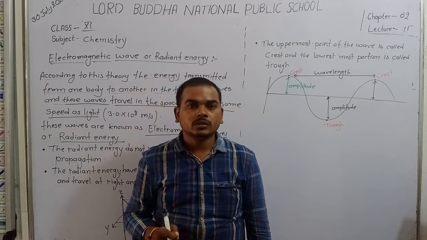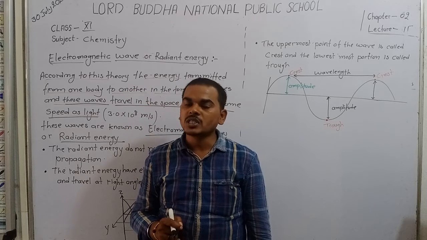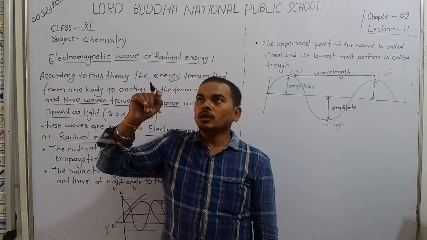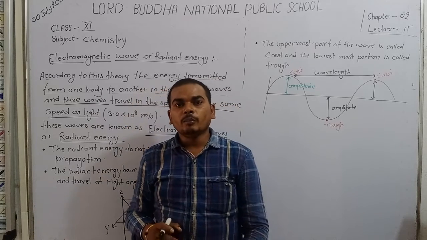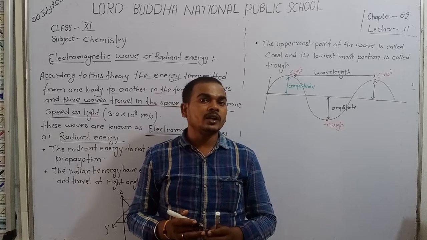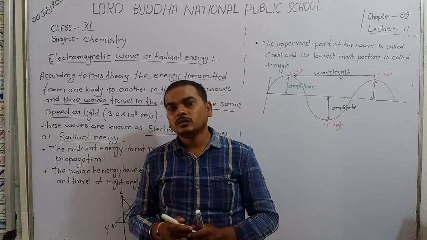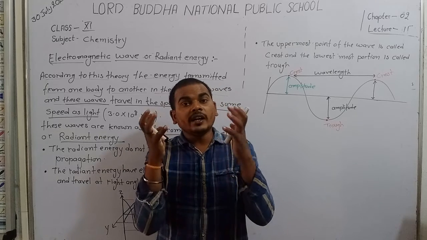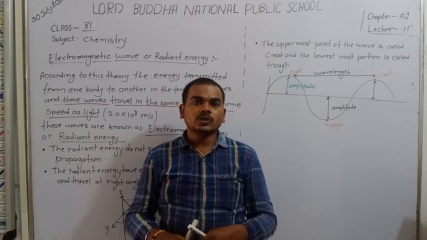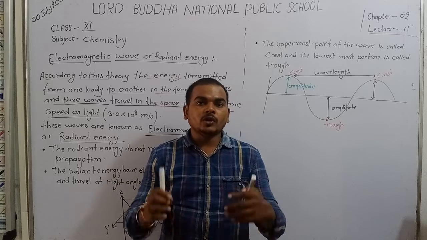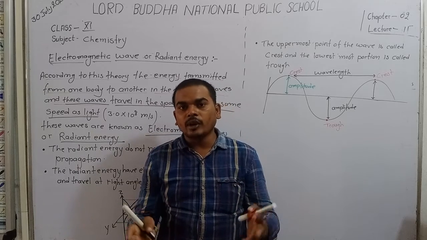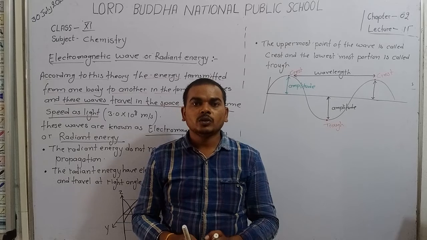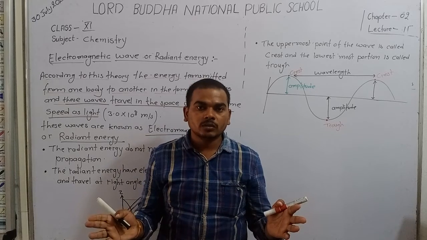comes to the earth from the sun. Dear students, you know that sunlight contains many types of light, like ultraviolet rays, infrared rays, and visible light. But whether it is visible light, microwaves, infrared or ultraviolet rays, it does not matter.